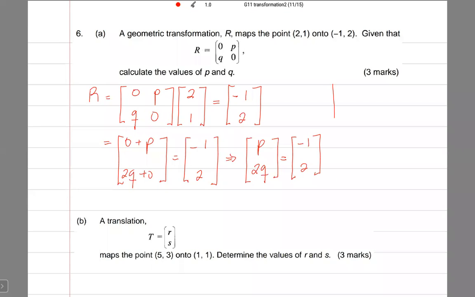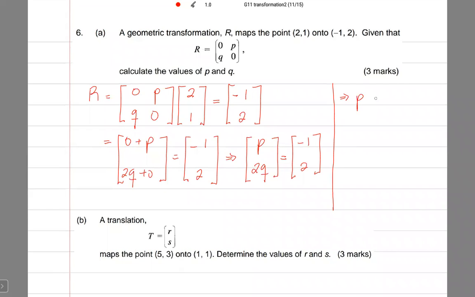So therefore, P is equal to minus 1, and 2Q, not 2P, 2Q, is equal to 2.